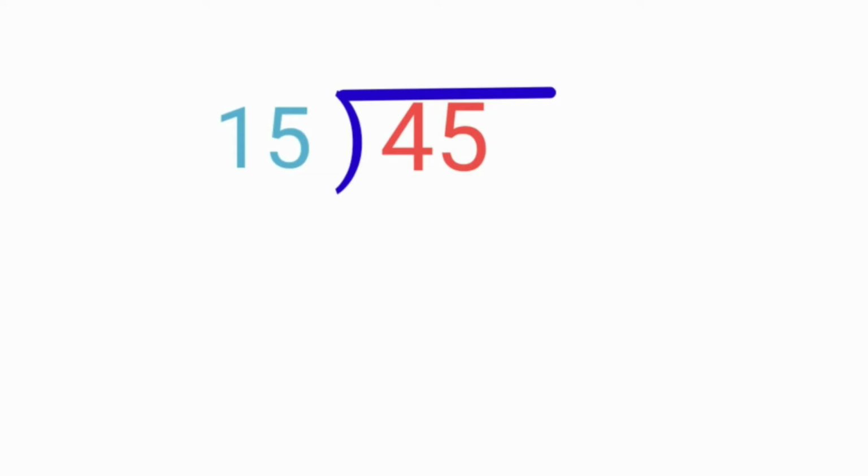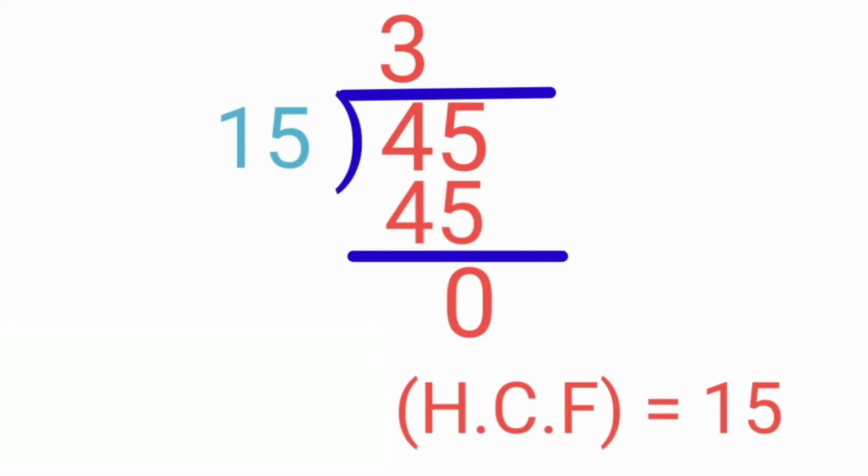So write 3, and write 45 below. 45 minus 45, we get 0. When we get 0, we can stop, and that number 15 is the HCF.